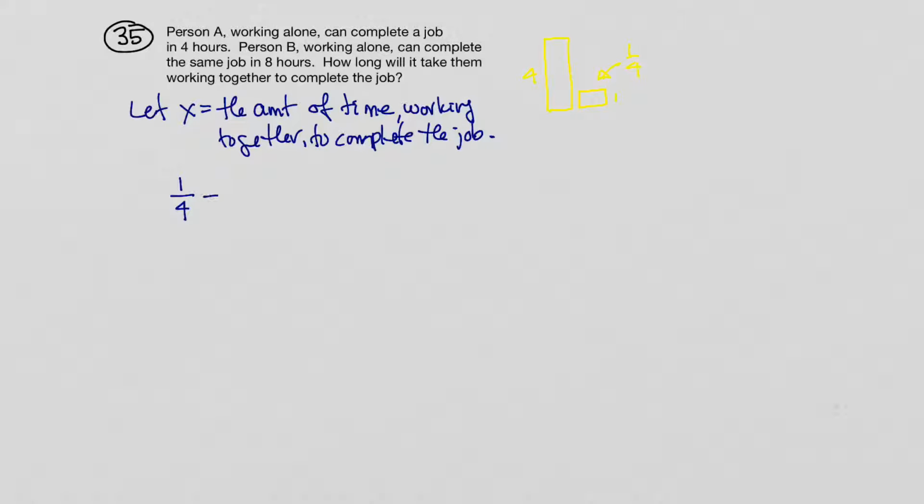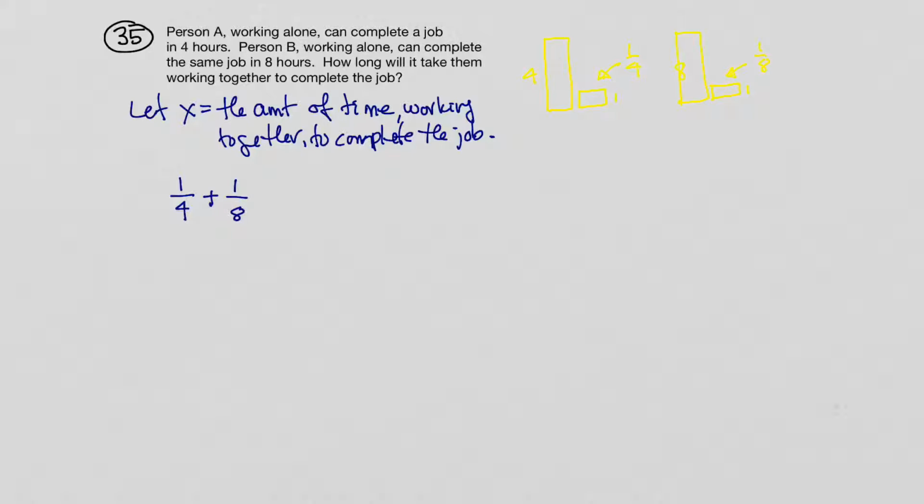Now, person A is getting help from person B, and person B takes 8 hours. So I'm thinking of it this way. Here's B. Person B takes 8 hours to do that job. So in 1 hour, that's just 1 hour, person B can complete 1/8 of the job. So B's contribution will be 1/8.